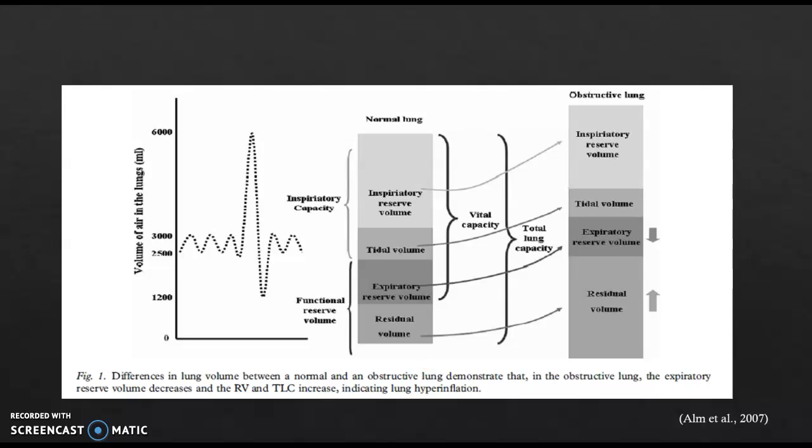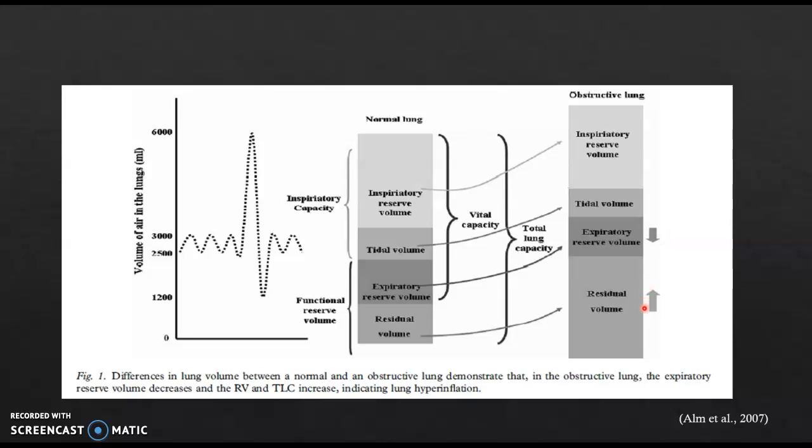So the three areas I want to bring your attention to are the expiratory reserve volume. Here we have the expiratory reserve volume in the normal lung, and in the obstructive lung it is decreased.